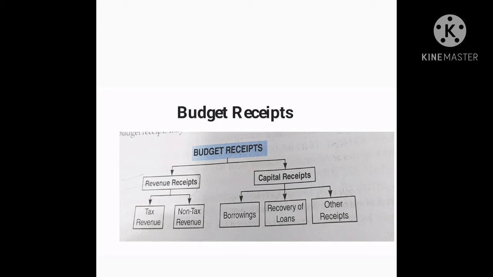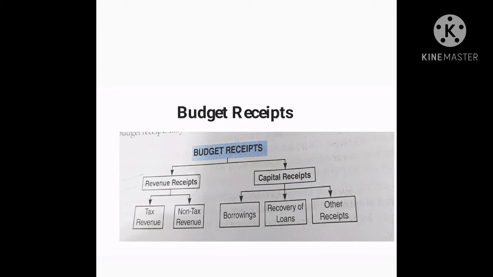Non-tax revenue. Non-tax revenue is the recurring income earned by the government from sources other than taxes. The most important receipts under this head are interest receipts received on loans given by the governments to states, railways, and others, and dividends and profits received from public sector companies.